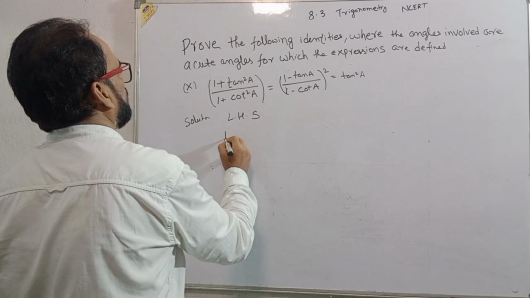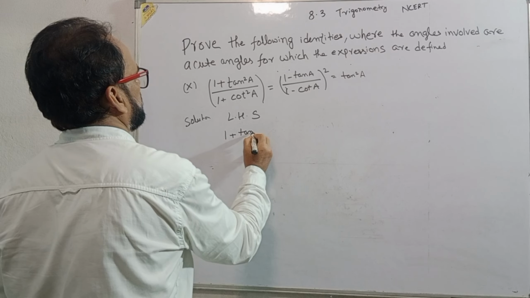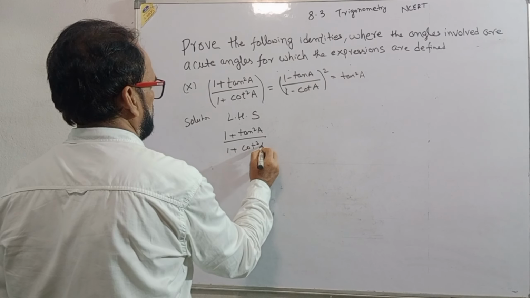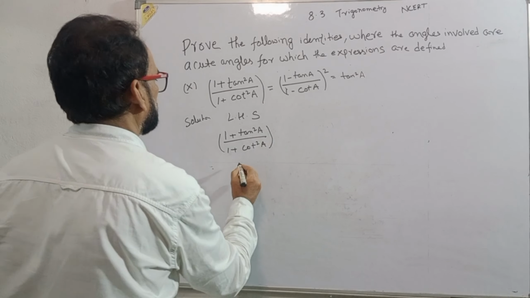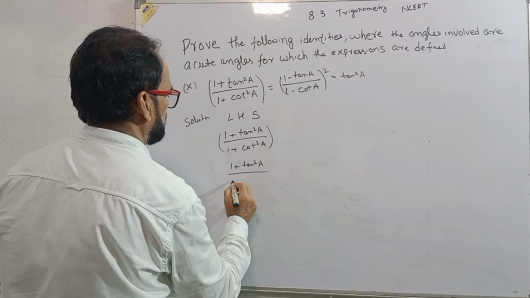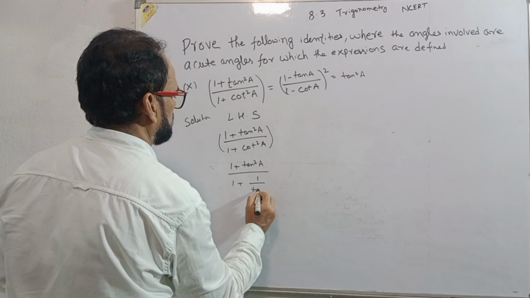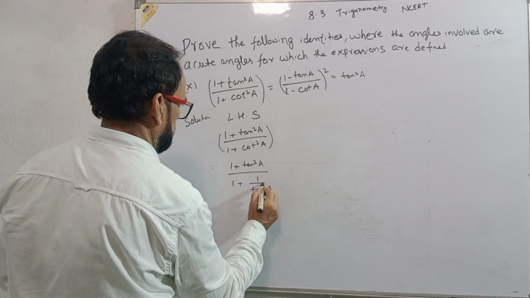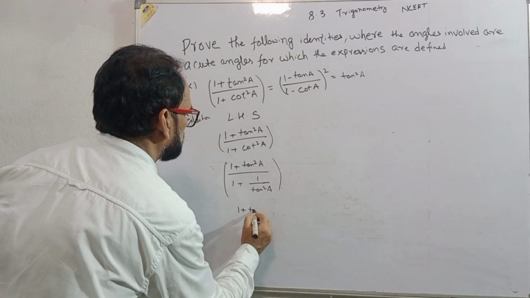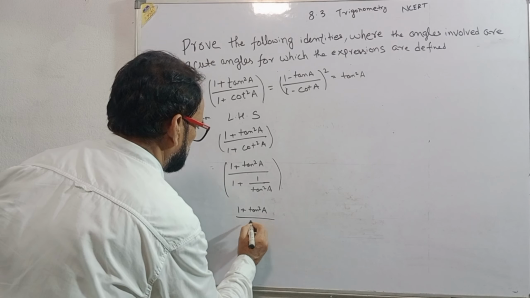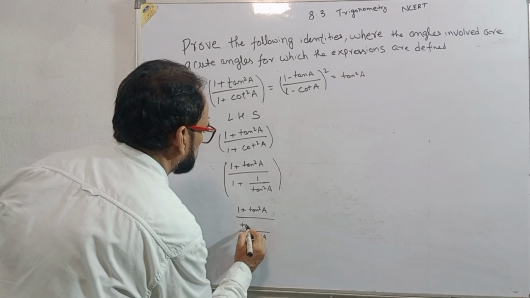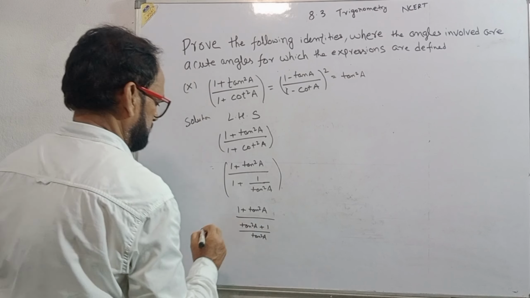LHS: 1 plus tan square A divided by 1 plus cot square A. 1 plus tan square A, 1 plus 1 by tan square A. 1 plus tan square A, here tan square A divided by tan square A plus 1.